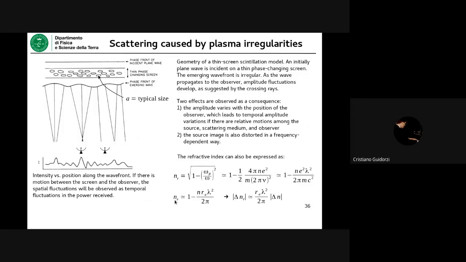So let's consider, as I told you, we are interested in exploring the consequences of a medium, this thin screen, characterized by an inhomogeneous plasma density. In particular, let's evaluate the consequences of delta n, where delta n is the typical variation in the density. As a consequence, we have this variation in the refractive index, which you immediately see depends also on lambda squared, so it's particularly sensitive to the wavelength.